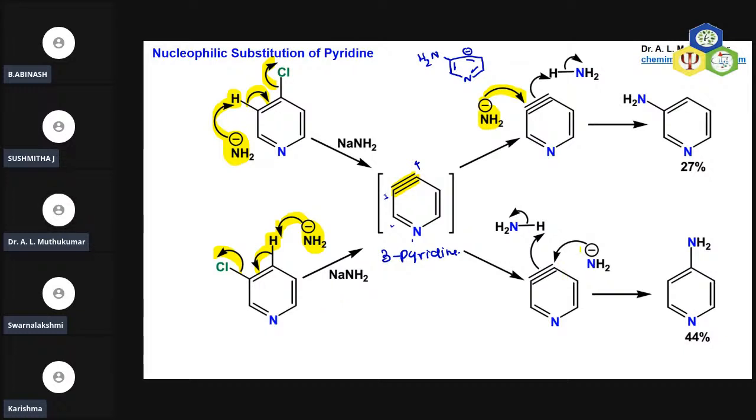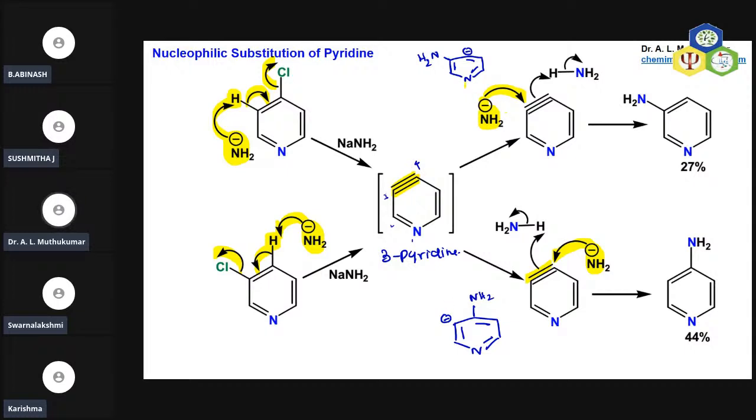Now, in the second case, the NH2 group is attacking here, at the C4 position. Immediately the electrons will be moving towards the C3 position. You may be getting this kind of intermediate. Now the question is, which is more stable?